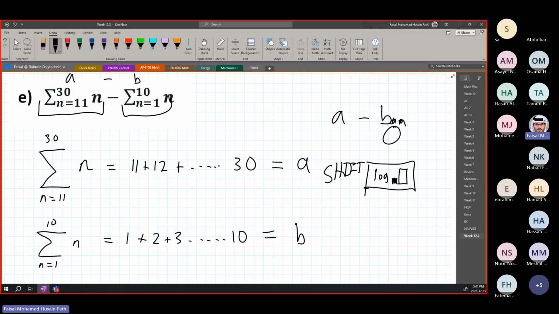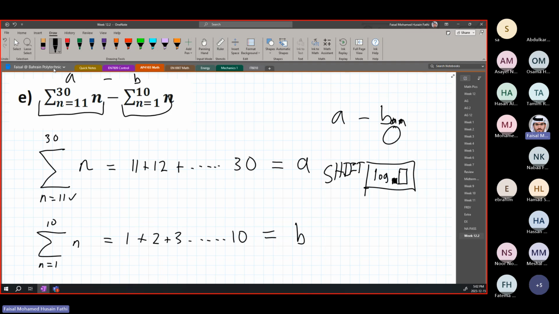Then you just put in your values. So x, in this case, is 11 for the beginning, the end is 30. And for the equation, you're just going to put alpha x.